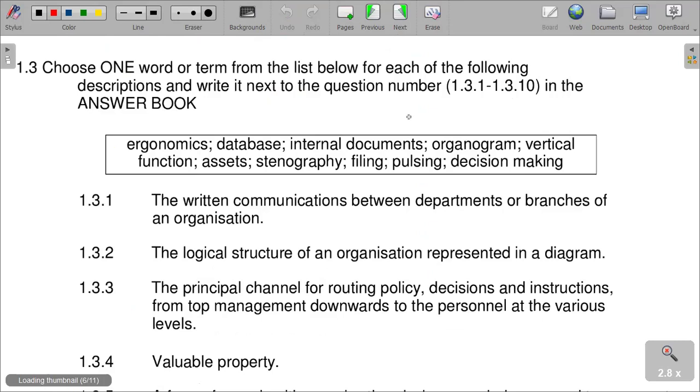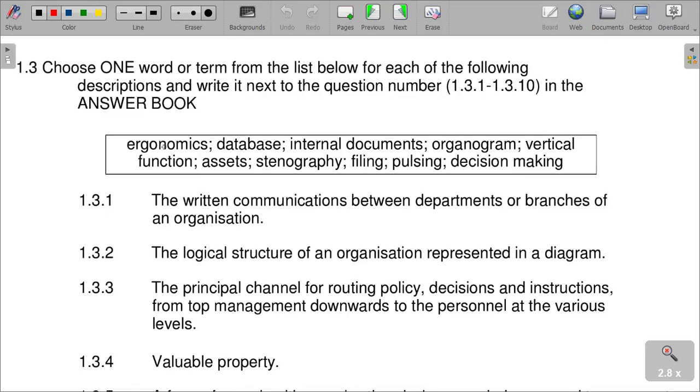And then we choose one word or term from the list below for each of the following descriptions and write it next to the question number. The written communication between departments or branches of an organization.